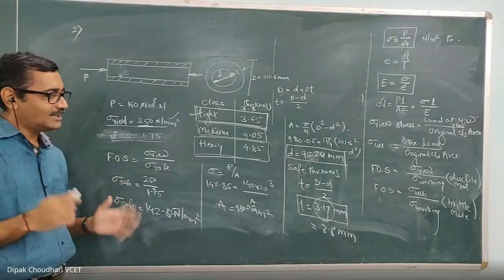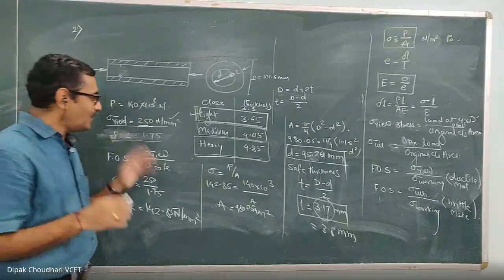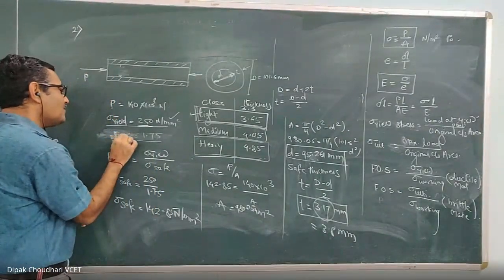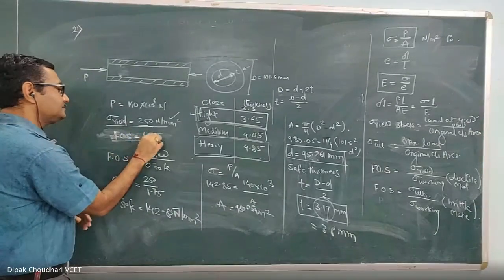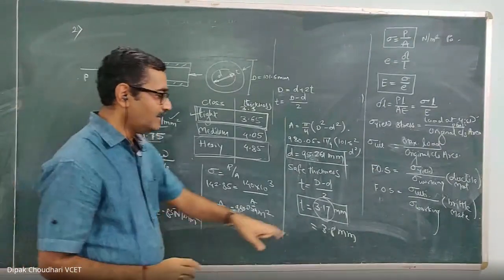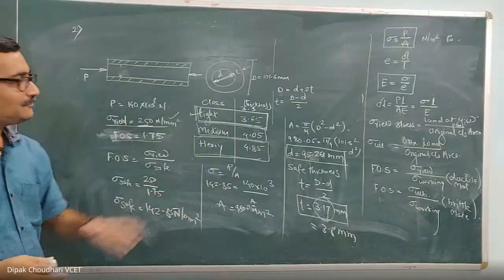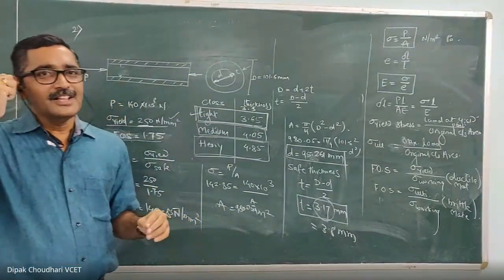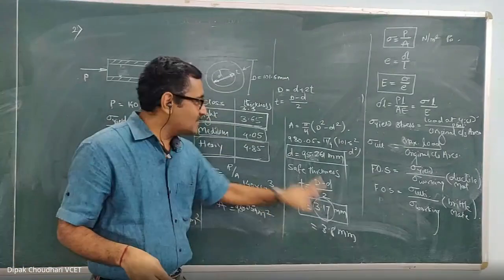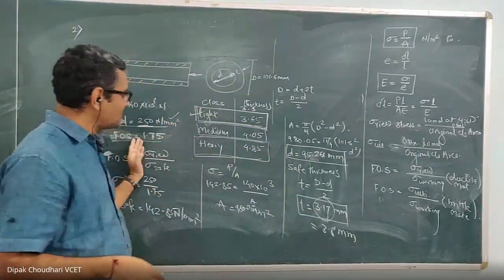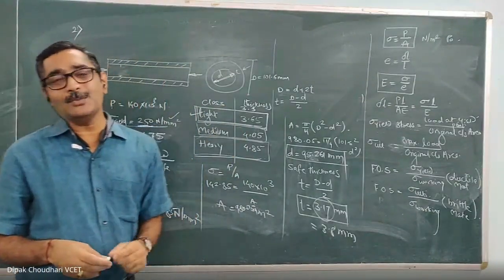Understood? Now here, suppose our factor of safety is considered as 1.75. If I use the 3.65 light class, which is safe, I require this much only. With this factor of safety, I use more than that, 3.65.